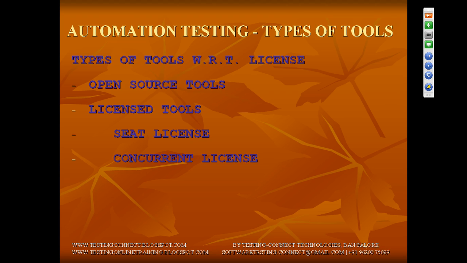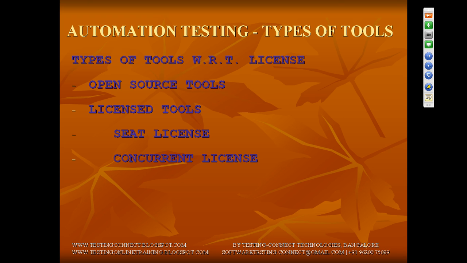Concurrent license you can also consider as a floating license. A concurrent license is on a user basis. Three, four or five users purchase it and can use it for a specific application.